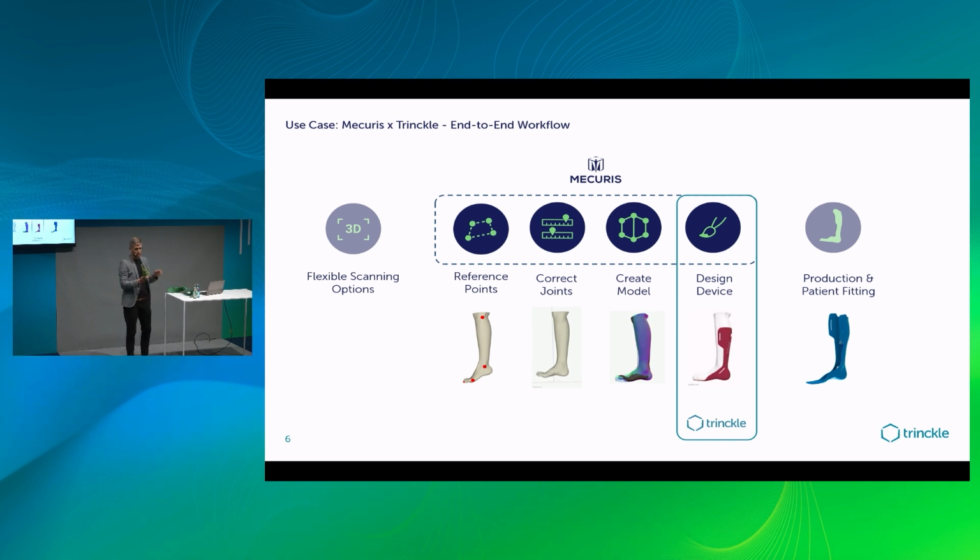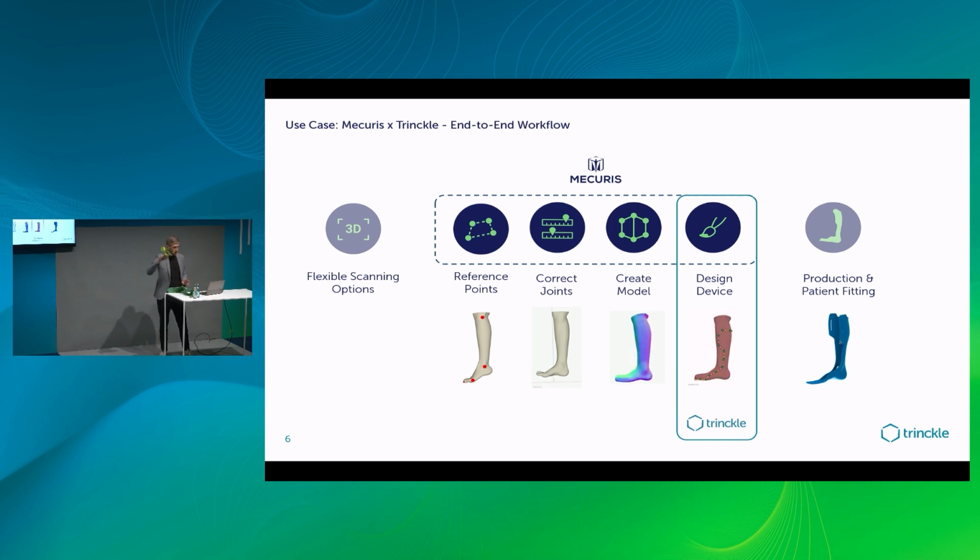Somewhere here, I'm not sure if you can see it, but this is an arm orthosis for a kid. So there's a little dinosaur on it as well. So might be a little bit naive from us, but we realize, or Mecuris realized, that even those little tiny individualization steps make it more acceptable for the patient.